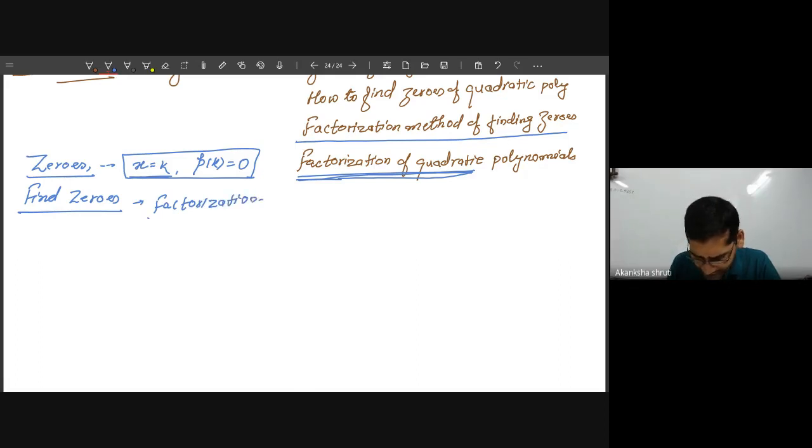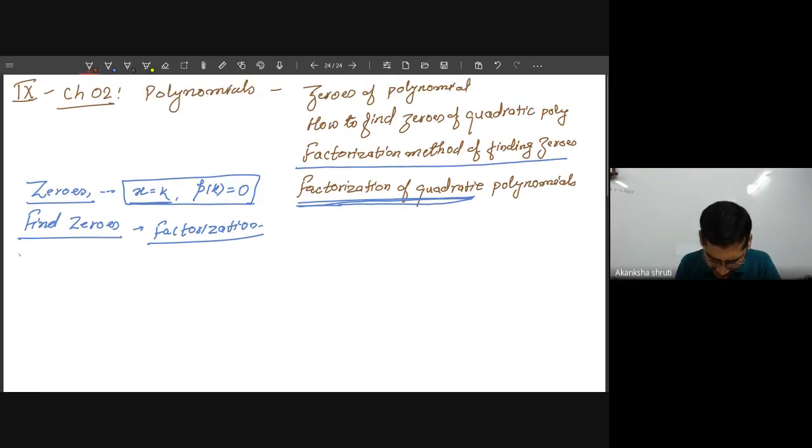So what is this factorization? The term factorization simply means knowing the factors.